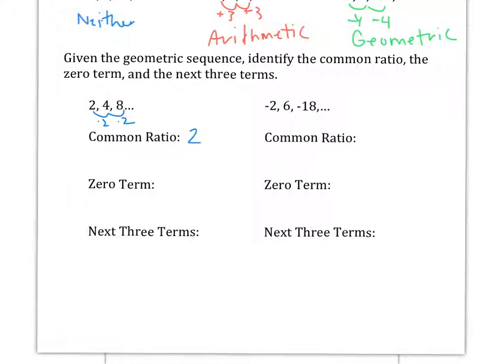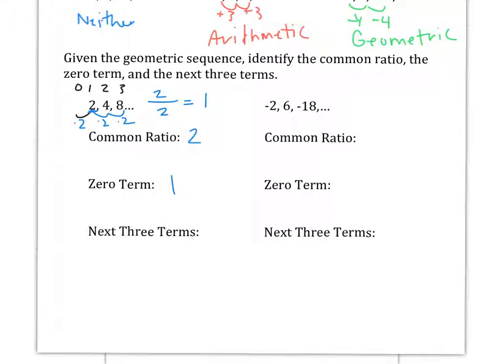My zero term, similar to what we did with arithmetic sequences, is the term that's written or provided before this first term, right? So we have to essentially work backwards and say, what times 2 is 2? Well, 1. And if we didn't know that, we could take our first term, 2, and divide it by the common ratio of 2, and 2 divided by 2 is 1.